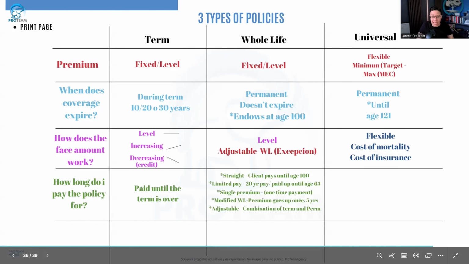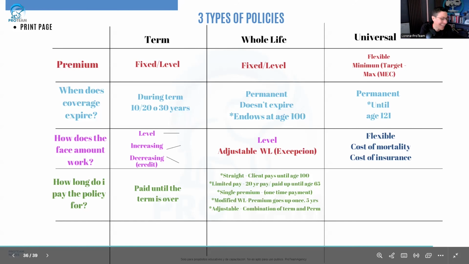Now, in the whole life policy, there's a whole bunch of different ones. So just know that every one of them that I'm going to go through is a different type of whole life policy. The first one is straight whole life. And by the way, you may see straight whole life or straight life.